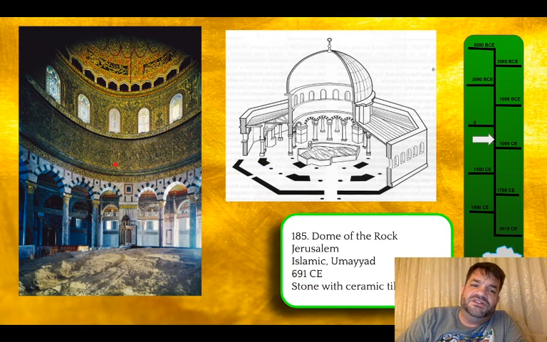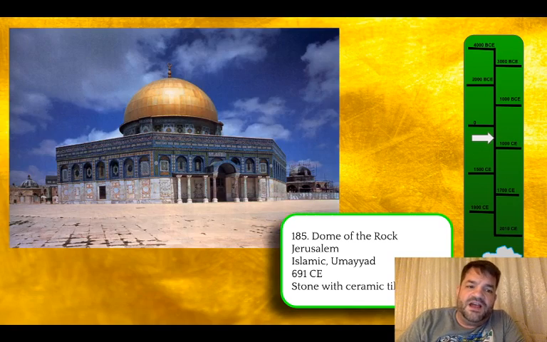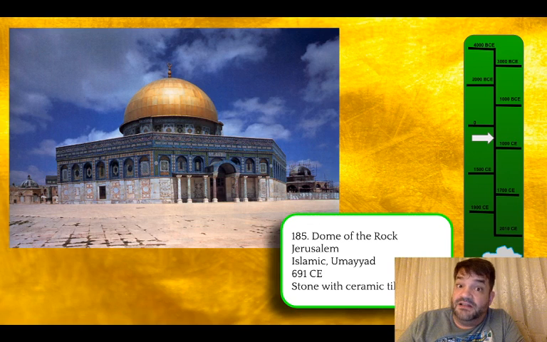So the decorations that you're seeing are not original. It's been updated many, many times throughout the years, much like the Kaaba. But what we're seeing here is they've tried to put it back to what they think it could have looked like. Now, on the outside, it is covered in ceramic tile, just like Isfahan, Masjid Jama.